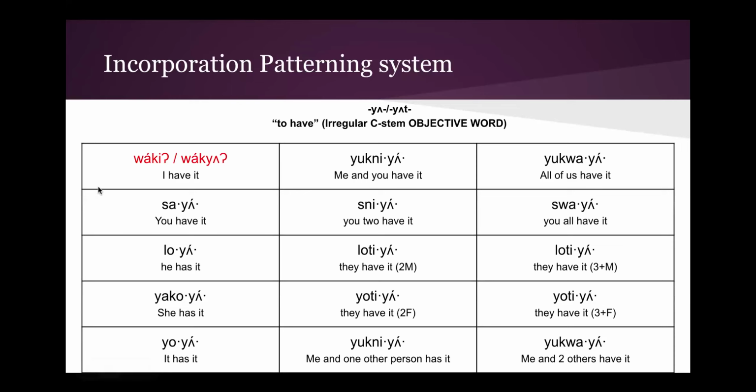So this first column sounds like wagi, or you could also say wagyan. When you're doing incorporation, though, this is the one that's going to be used. Zion, you have it. Lo, young, he has it.